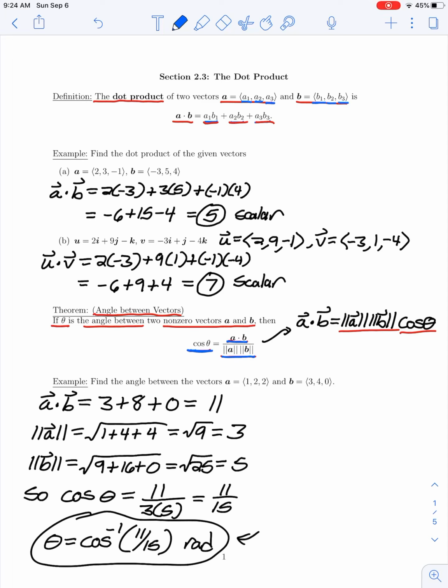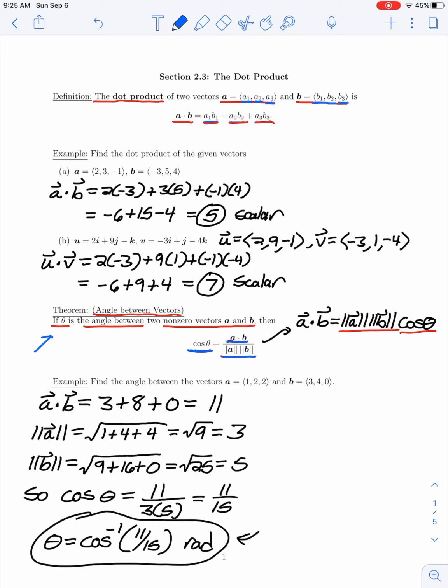Now we know for any two vectors, the angle between them could range anywhere from 0 up to 180 degrees, or pi radians. Here is a little visual to the side.